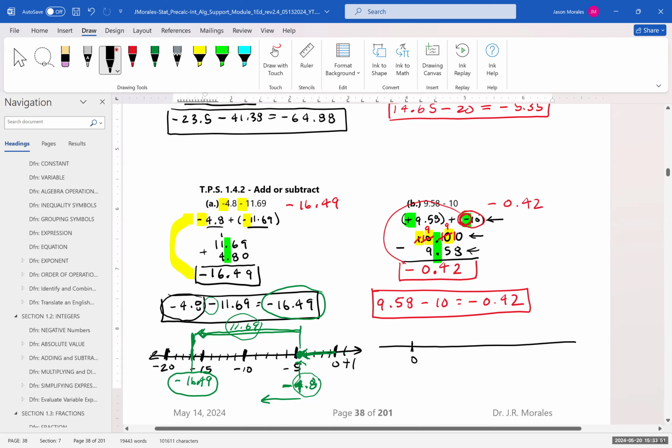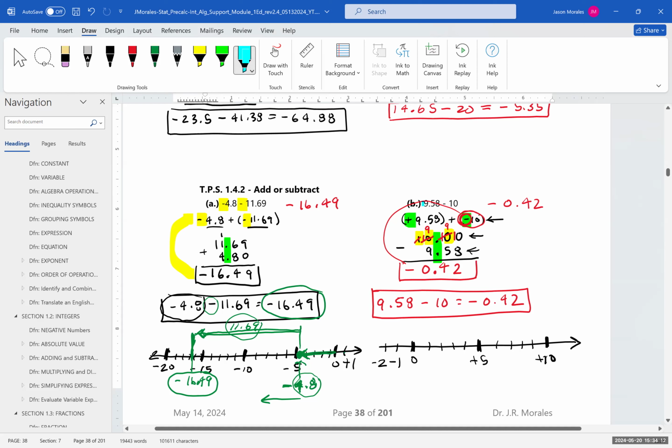We've got 0. Let's put +5, +10. And we've got 1, 2, 3, 4, and this will be -1 and -2. Okay.